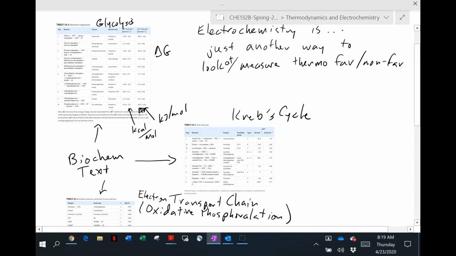And the two columns refer to different conditions, because living things, or at least humans, are at 37 Celsius. So for glycolysis, which is the first stage of respiration and digestion of a carbohydrate, we're thinking in delta G terms and kilojoules per mole. If you look over here at the Krebs cycle, again, you've got delta G in kilojoules per mole, kilocalories per mole.